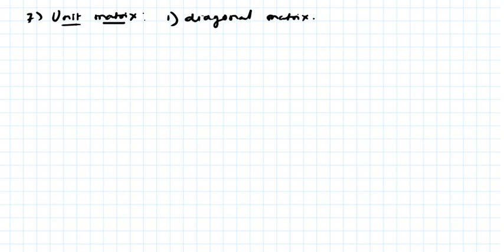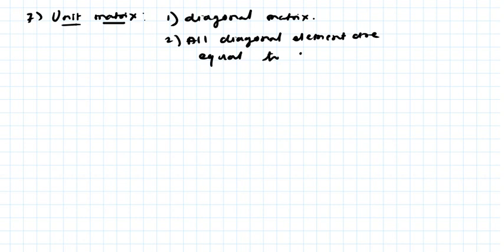And all diagonal elements are equal to 1. Then only it will be the unit matrix. The unit matrix can also be known as identity matrix.